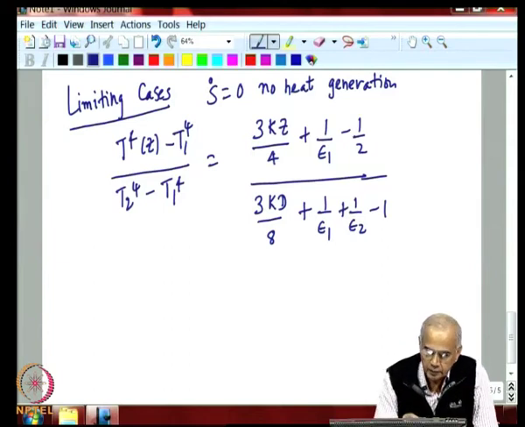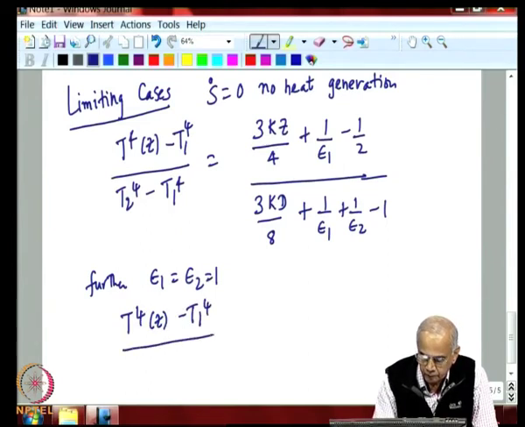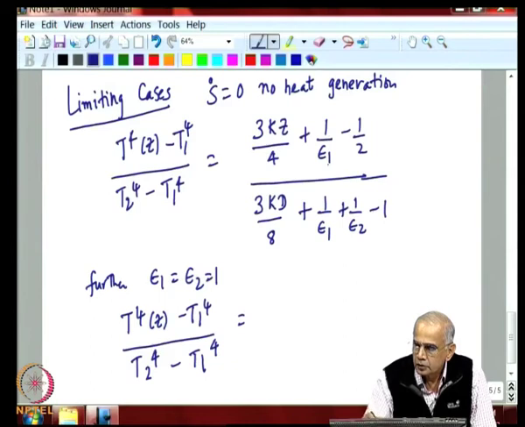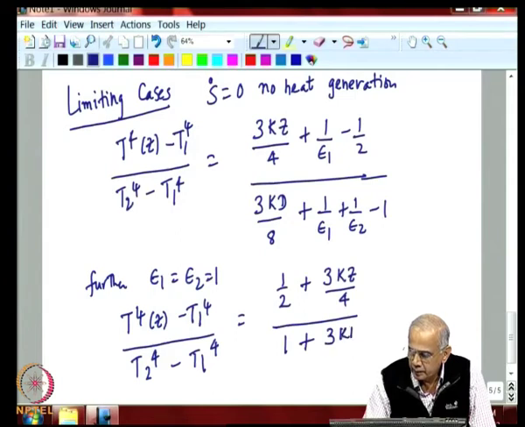You can simplify further. Suppose further you assume that the two walls are black, that case had also been looked at. So, this becomes half. So, we have half plus 3 k z by 4 divided by 1 plus 3 k d by 8.